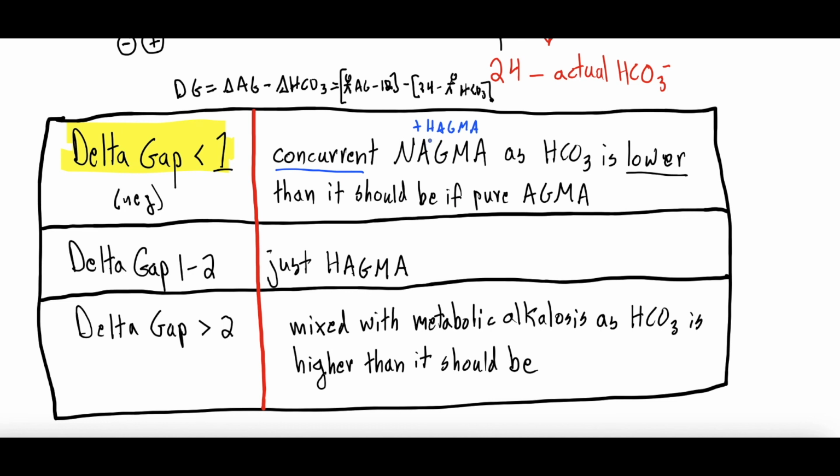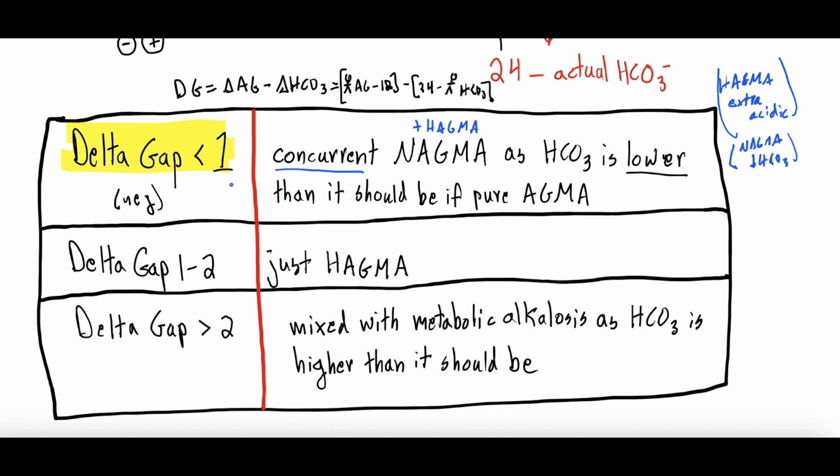And why that makes sense is in this equation. We talked about in the last video that a high anion gap metabolic acidosis, a HAGMA, means that there is an extra acidic compound floating around: lactate, keto acids, formic acid. Whereas a non-anion gap metabolic acidosis just means you are losing bicarbonate.